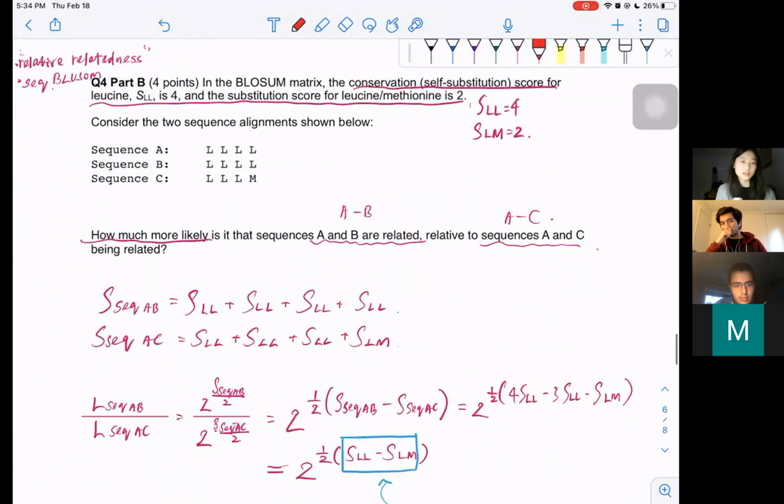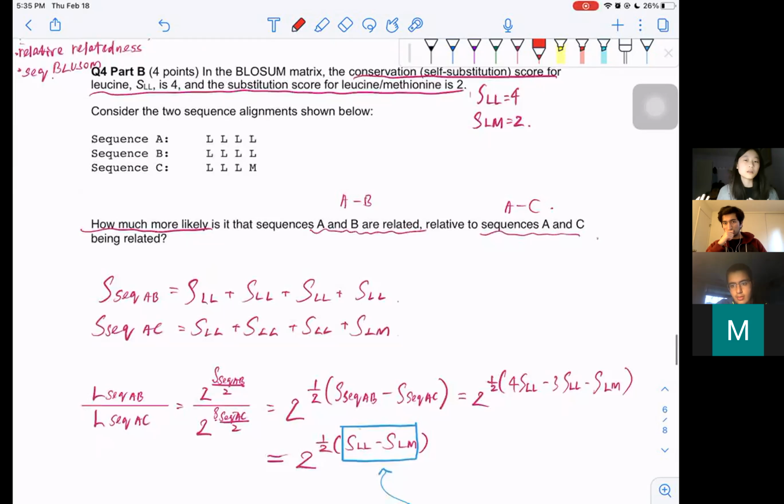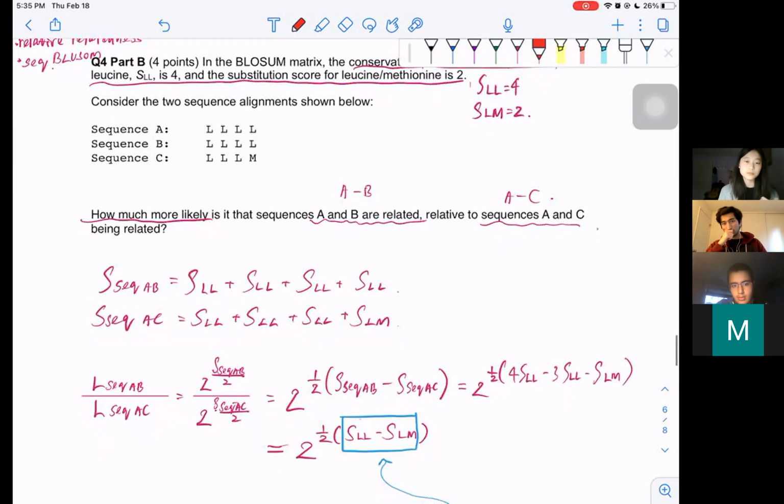All right, so let's look at part B. Part B is asking for the relative relatedness of 2 pairs of sequences, sequence A and B, and sequence A and C. So you're comparing the relatedness of sequence AB to the relatedness of sequence AC. Based on what we just talked about, you can use this sum rule to add up all the Blosum scores to figure out the total Blosum score for a sequence.